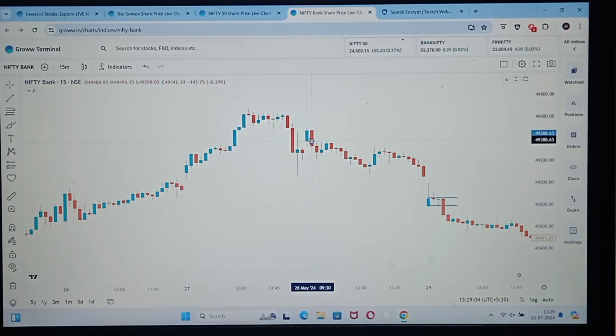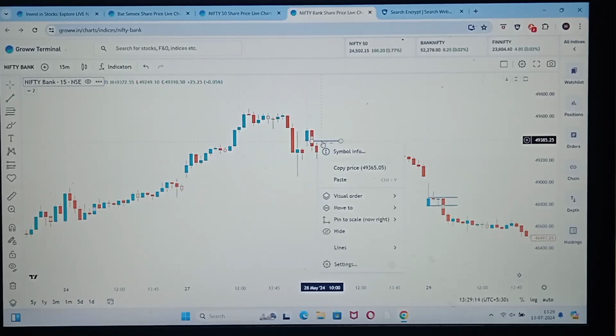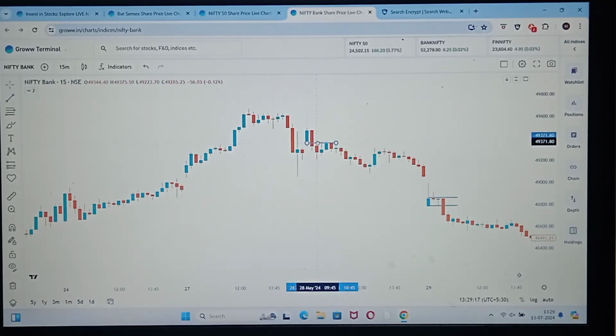Now you can see here we can see a red candle marking the high and low.